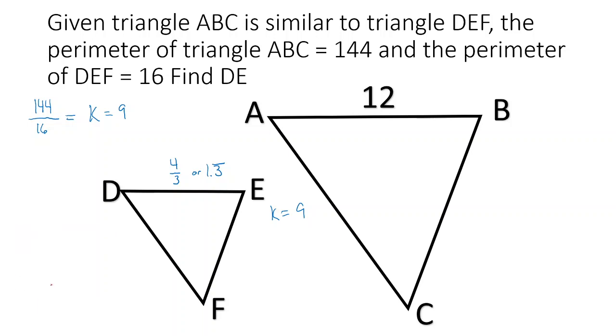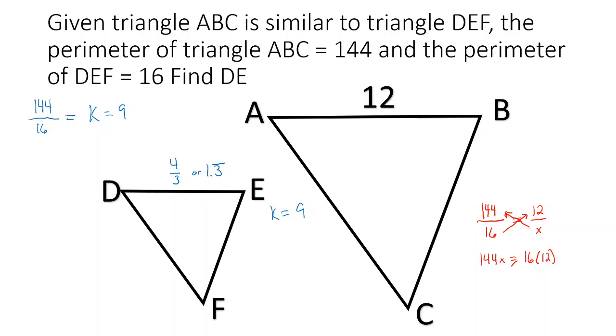Okay, there's another way to do this, and hopefully we'll get the same answer. Set it up as a proportion: 144, the image over the pre-image of 16, is proportional as 12 is to x. So if you cross multiply, we get 144x equals 16 times 12. All I did was take the x and multiply it that direction, and take the 16 and multiply it that direction, canceling out the other sides.